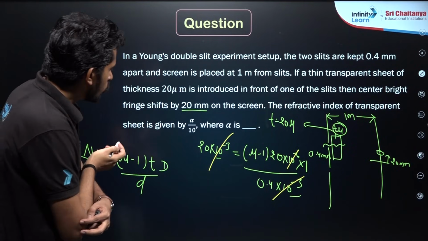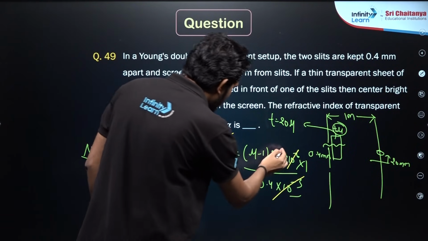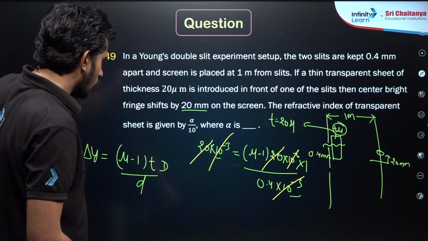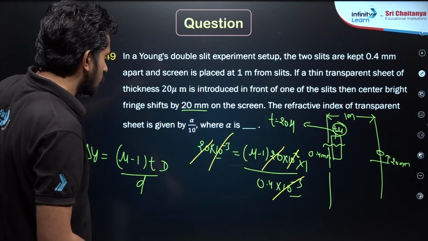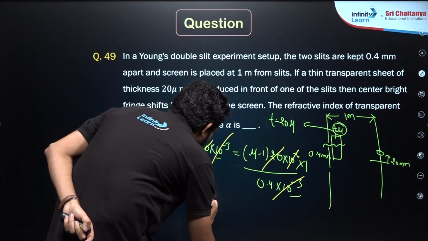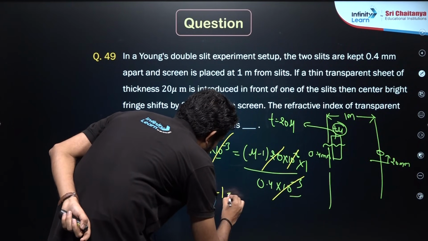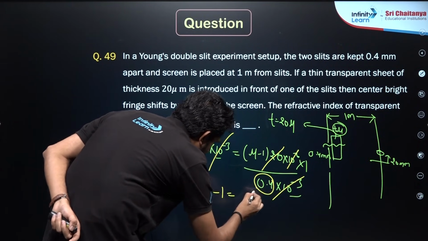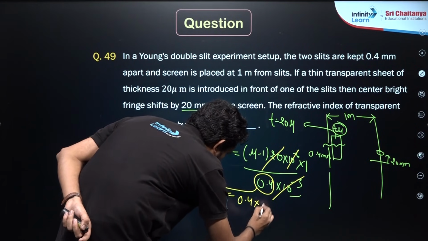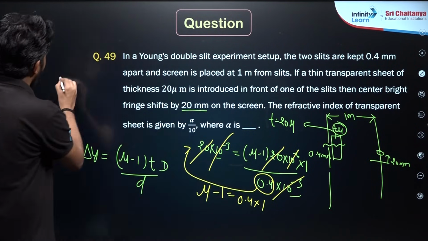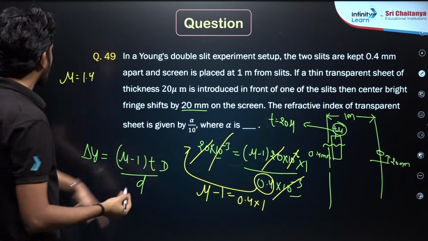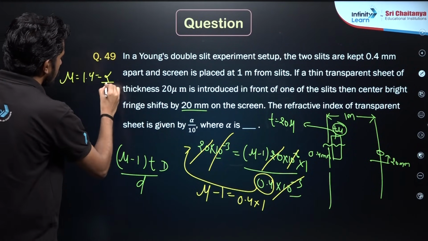What could I do now? 20 and 20 cancel. Now 0.4 is there, so mu minus 1 is, this 0.4 will go in the numerator, 0.4 into 1. Now mu is 1.4, and that is alpha by 10.